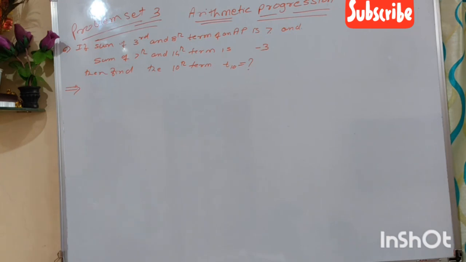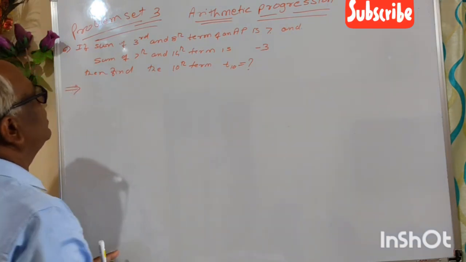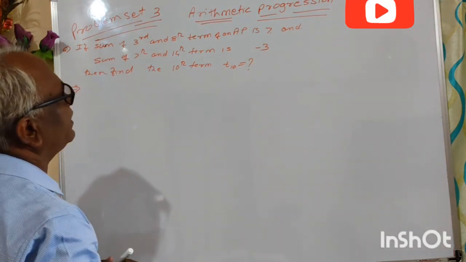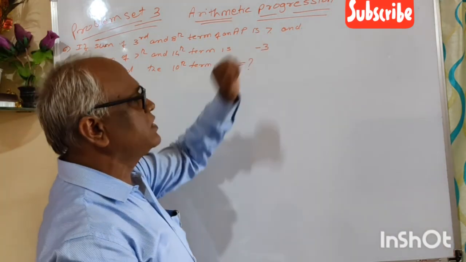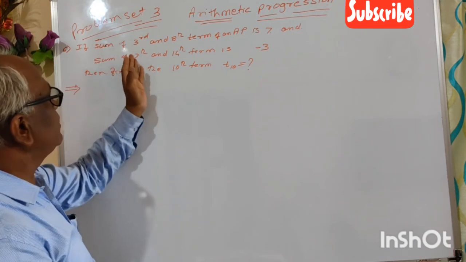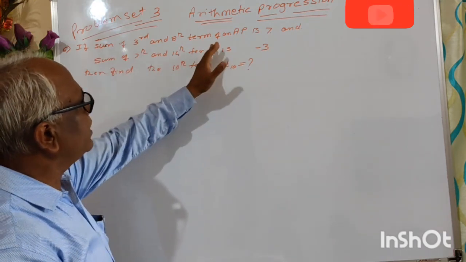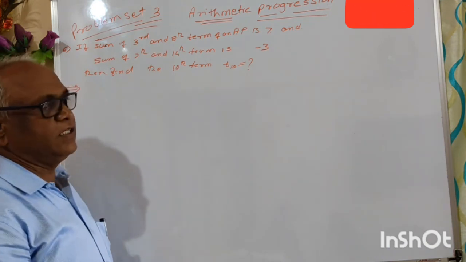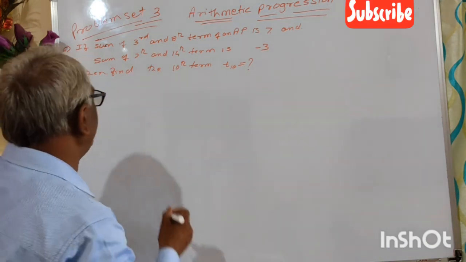Now example number 6: the sum of the third and eighth term of an arithmetic progression is 7, and the sum of the 7th and the 14th term is minus 3. Then find the 10th term, that is T10, we are going to find.